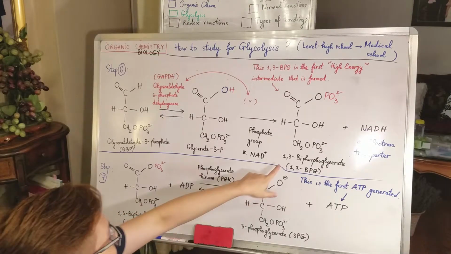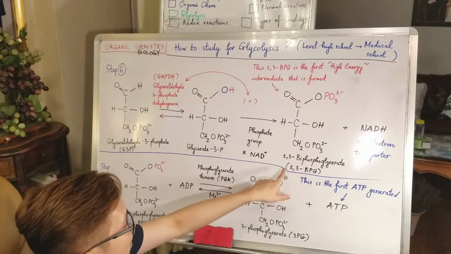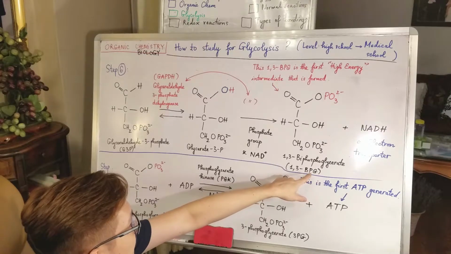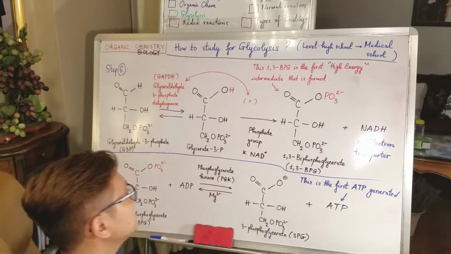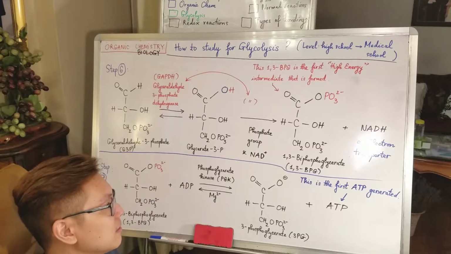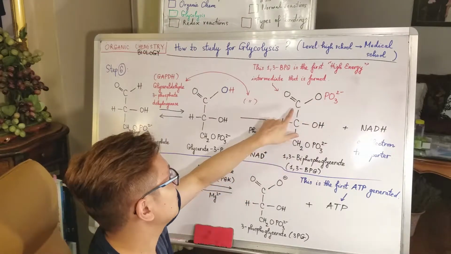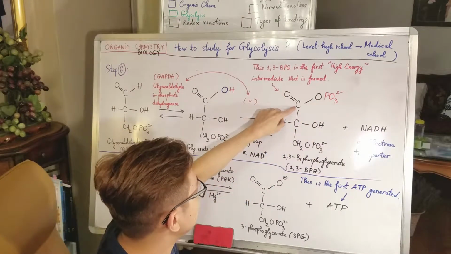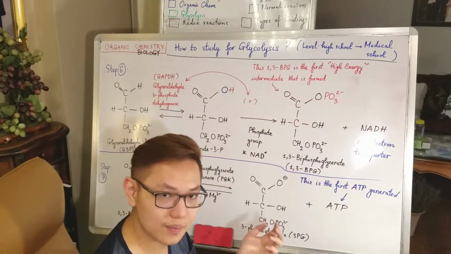Before I go to step 7, I would like to tell you that this 1,3-BPG is the first high energy intermediate that is formed. Why is it high energy? Because look at this one, it has 2 phosphate groups, and this bond, C, O, is an ester group. Ester, you remember ester?